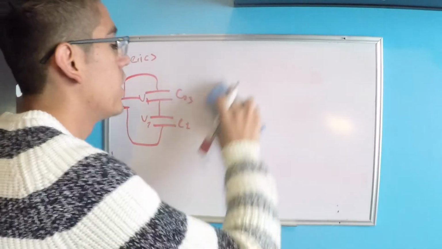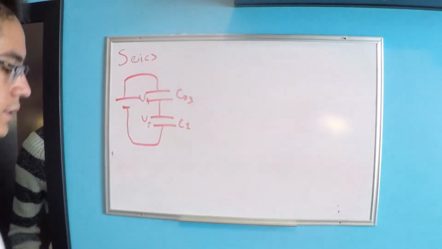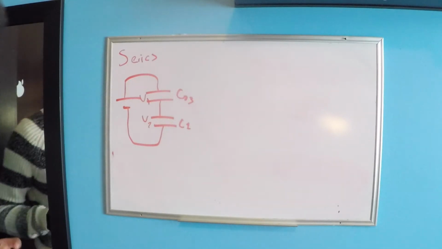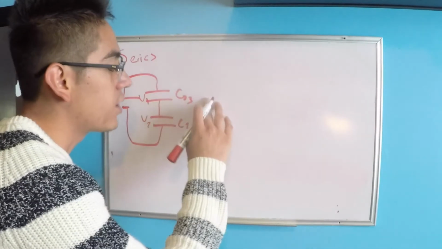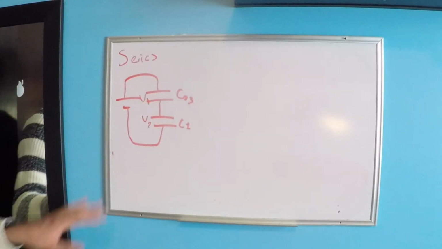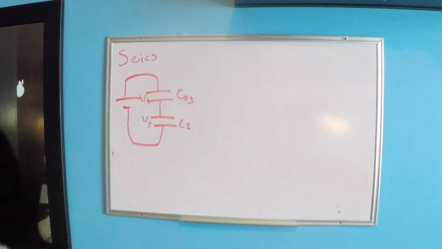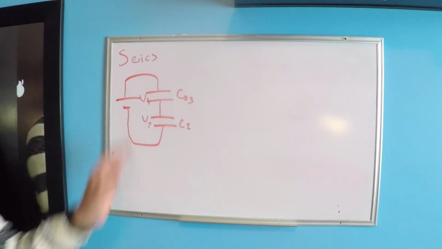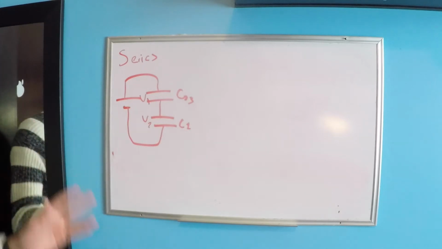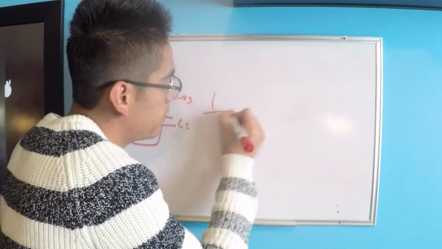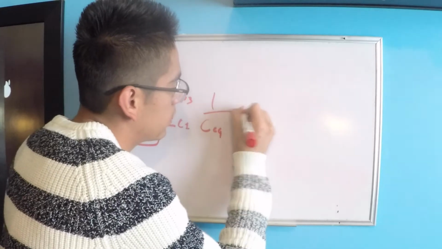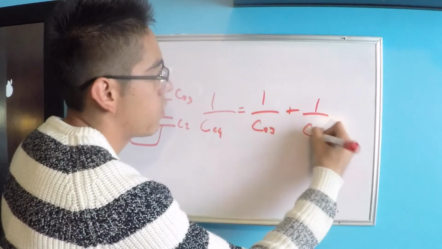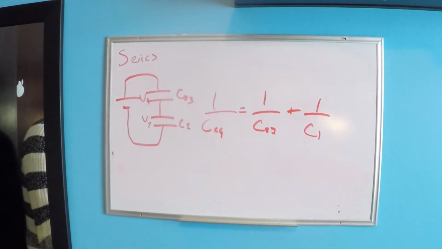Remember that the voltage is the thing that changes. So what happened next? We have to make an equivalency of these two. Of course, when we make this equivalency, we don't just sum, because these are in series. So the proper way is to make a C equivalent: 1 over C2,3 plus 1 over C1. Okay, so we got that equivalency.